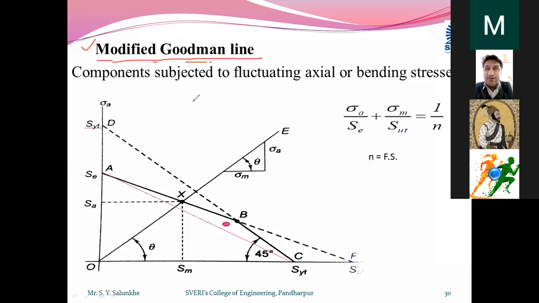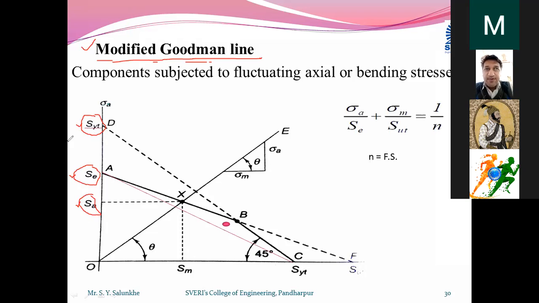But now, if you look in more detail, and if you want to design any component, then he has put the relationship between the yield stress of any material, its endurance limit, and the actual stress which has been generated in that component. So these three quantities are important: the yield stress or yield limit of that material, the endurance limit of that material, and the actual stress which has been generated in that material.